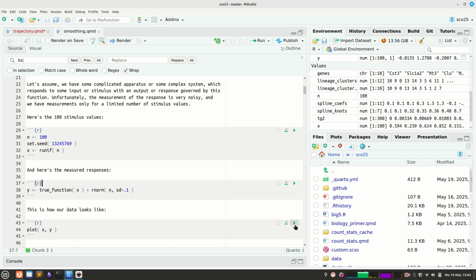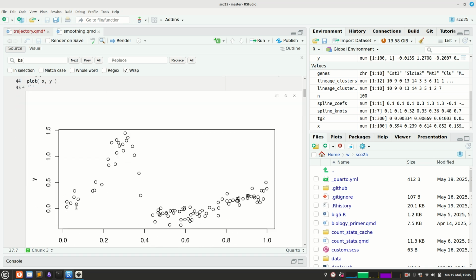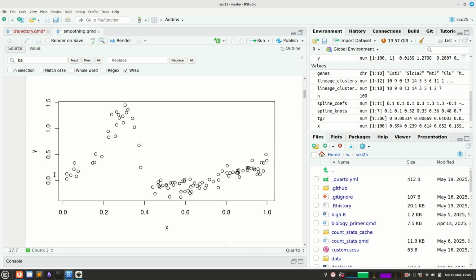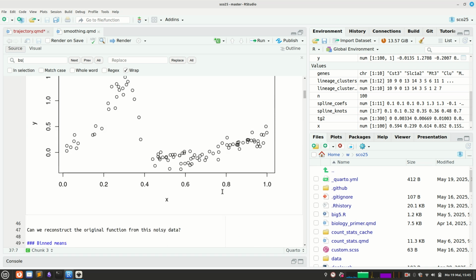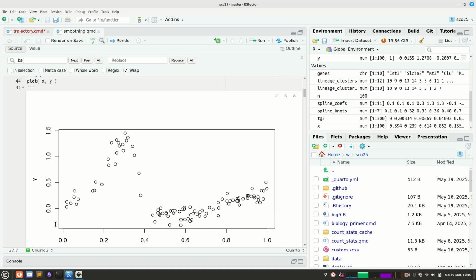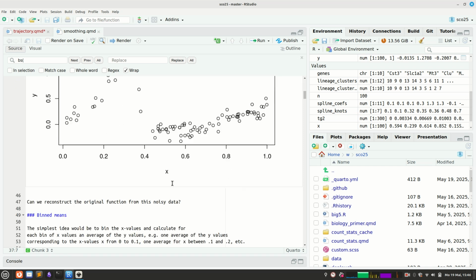And if I now do this, I get this plot here, where I can still see the curve, but it's not so clear anymore. Now my task is, can I get back to this original curve by finding a smooth curve which goes through the middle of these dots. The simplest thing that we can do is bin means. We just divide up the x-axis into, say, 10 bins, each of size 1/10, and we just take the average of the y values in each of these bins.